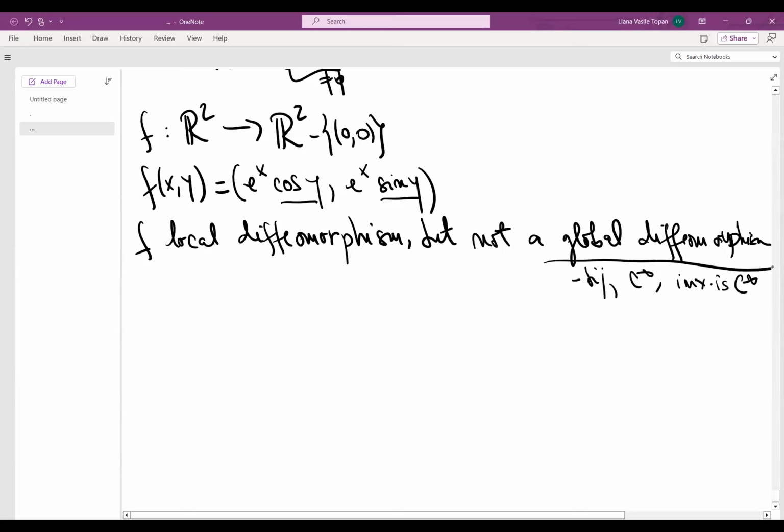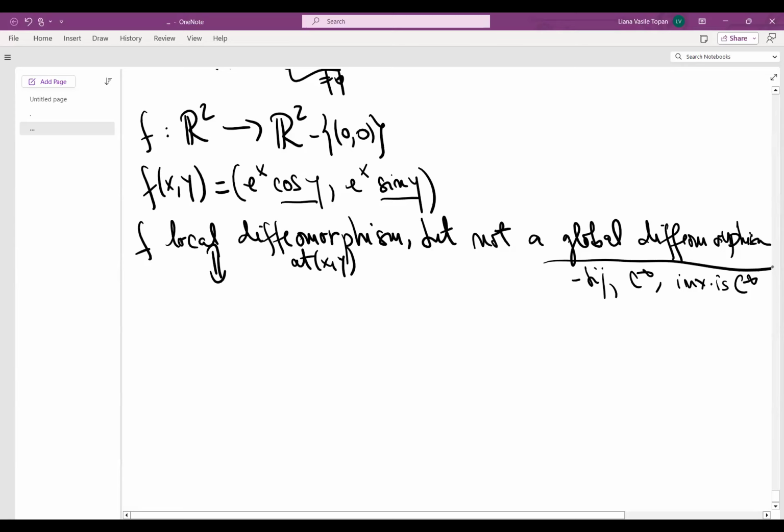Now, local diffeomorphism at some point (x, y), I did define it yesterday, but I'm going to just remind you. These are notions which appear a lot in these manifolds topics.